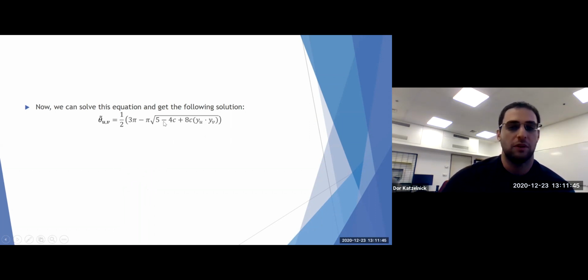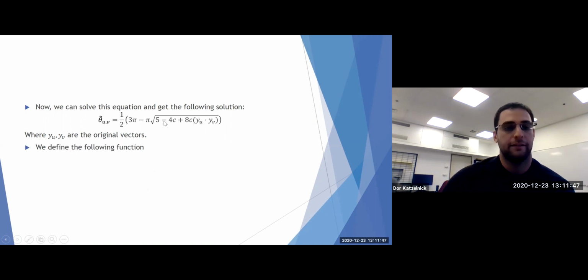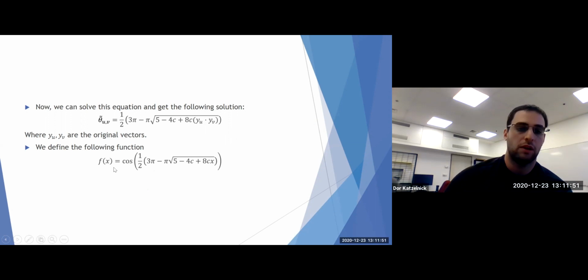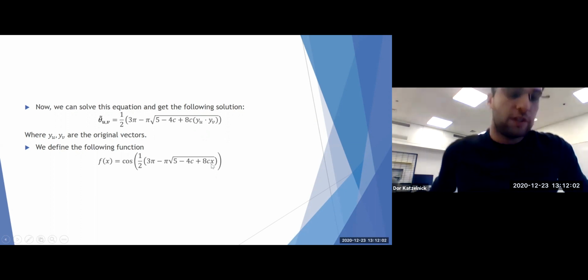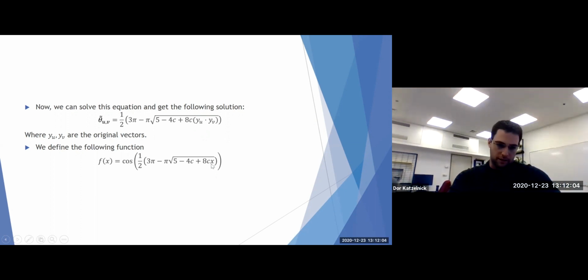And what we're going to do is define the following function. We say that f of x will be equal to the cosine of this value, where we replace the inner product between yu and yv with x. Okay, so we just define this function.